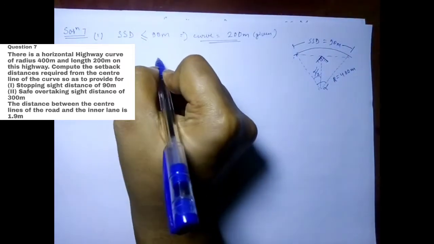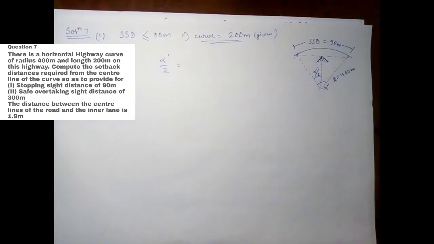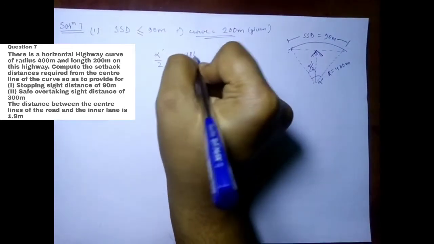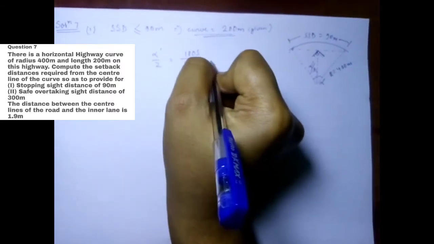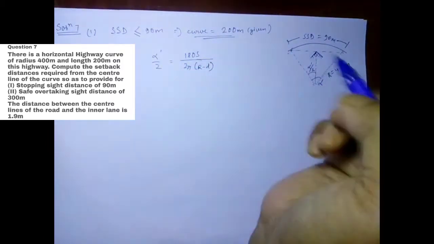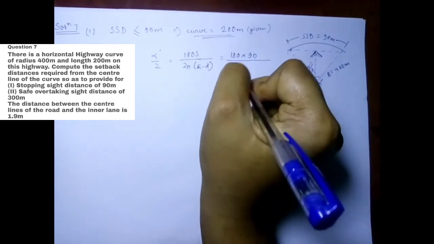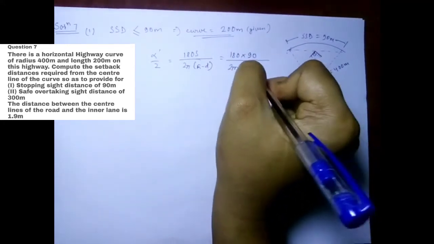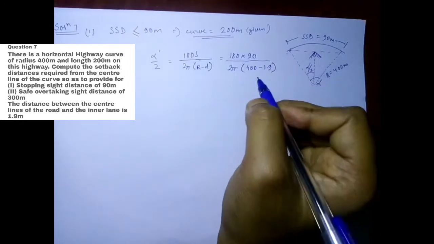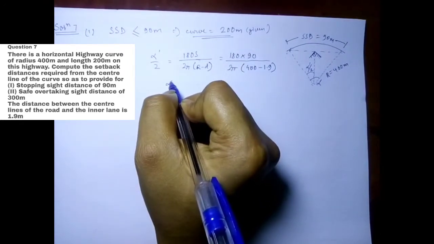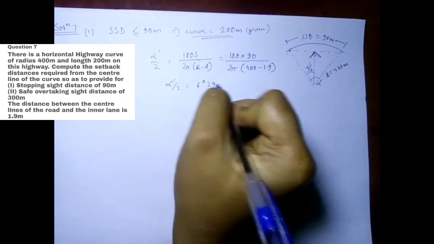So alpha dash by 2 is given as 180 S upon 2 pi into R minus d, is equal to 180 into 90 upon 2 pi into 400 minus 1.9. Thus, on solving this, we get that alpha dash by 2 is equal to 6 degree 29 minutes.